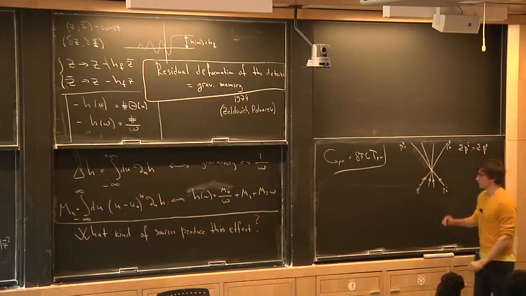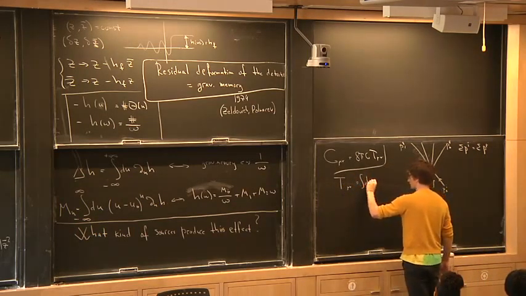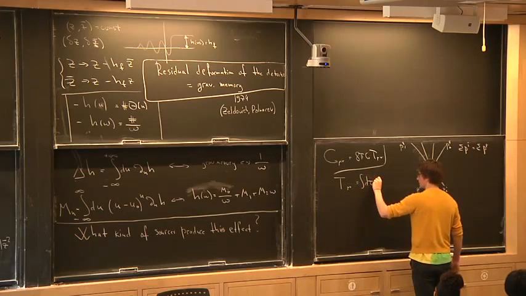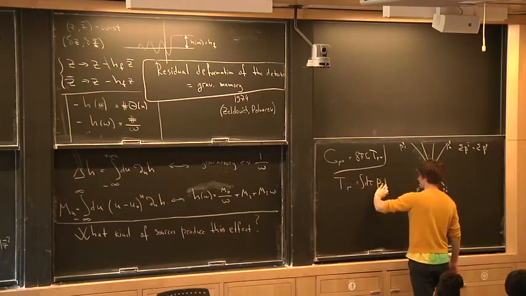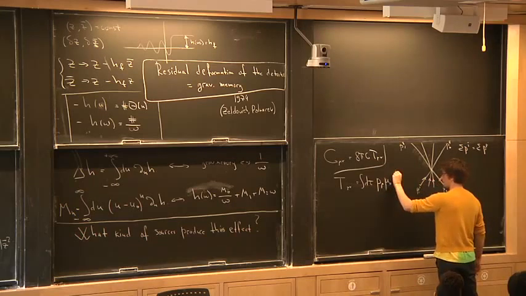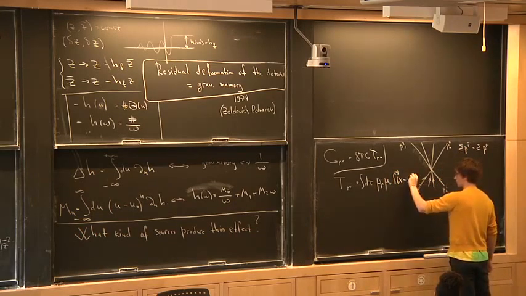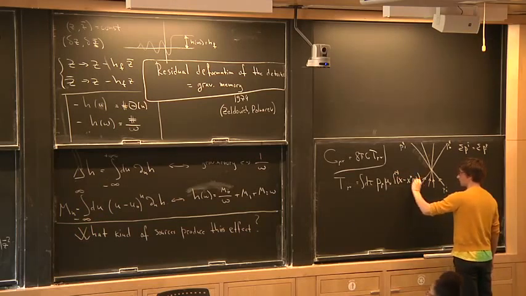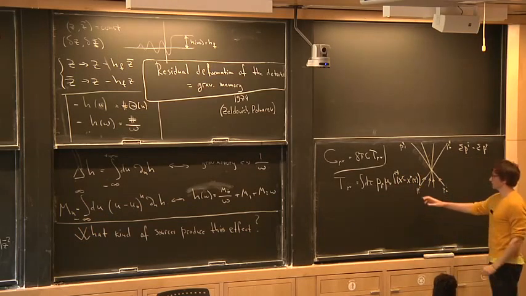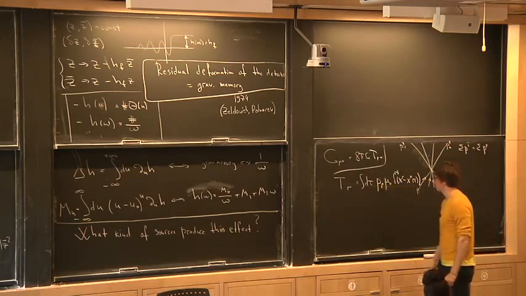And the stress tensor of a particle will be an integral over the proper time, of momentum, times velocity, and a delta function in 4 dimensions, x minus x mu of tau. So this stress tensor is localized at the location of the particle, and it has this form.